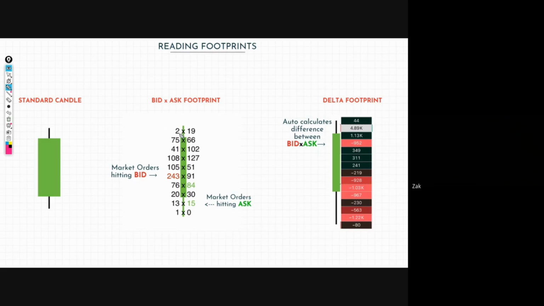So you're seeing that there's an imbalance of, well, -2 plus 19, that's 17. There's an imbalance of 17 buyers here at this specific price point, whatever it is, right?